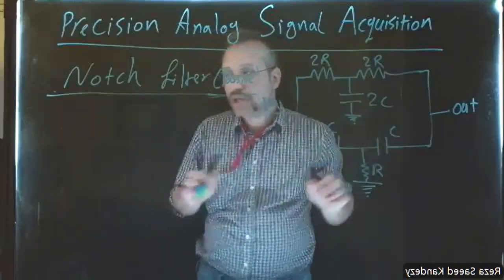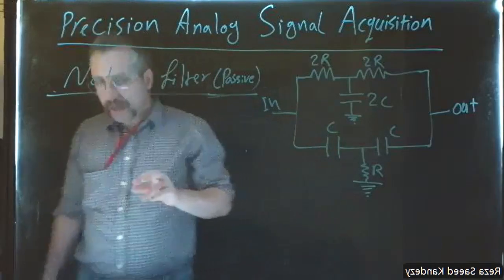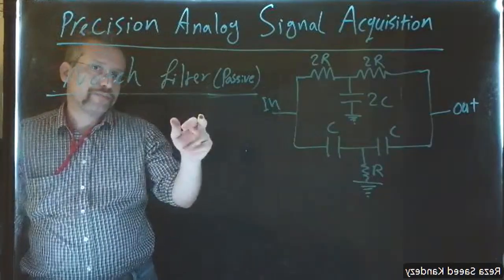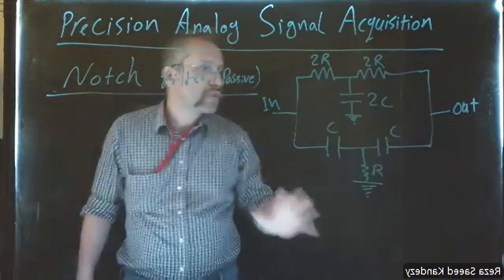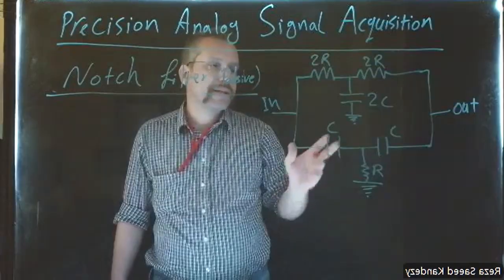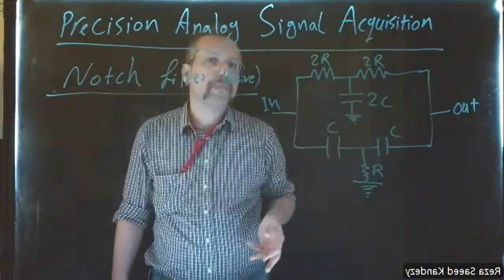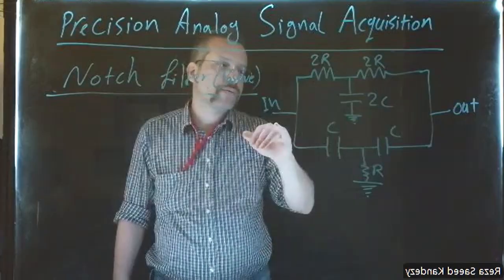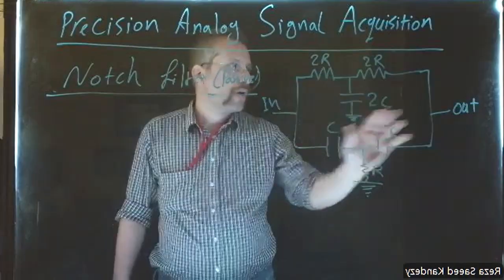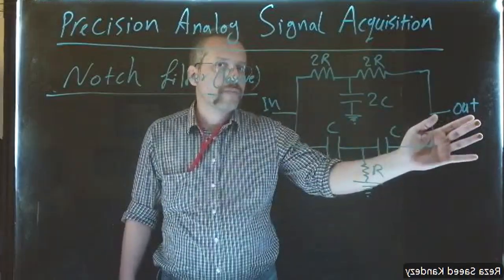Now, in this part, I am going to talk about a notch filter, more specifically a passive notch filter. You can see the circuit for a passive notch filter, which is basically the combination of a low pass and high pass. We have our input, we have our low pass, and we have our high pass filter, and then we have our output.